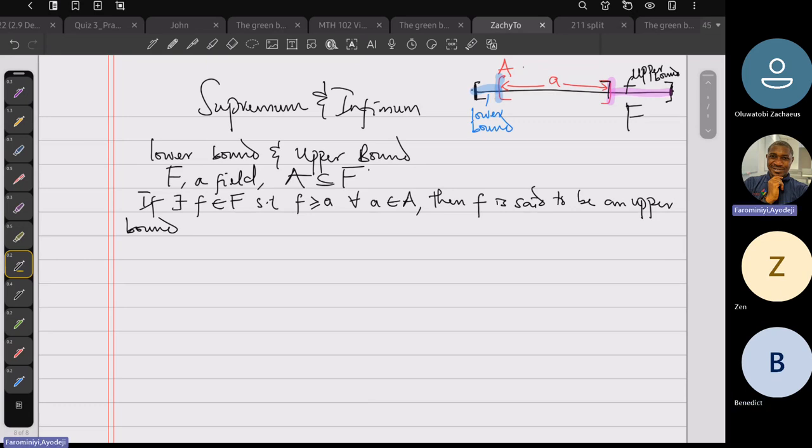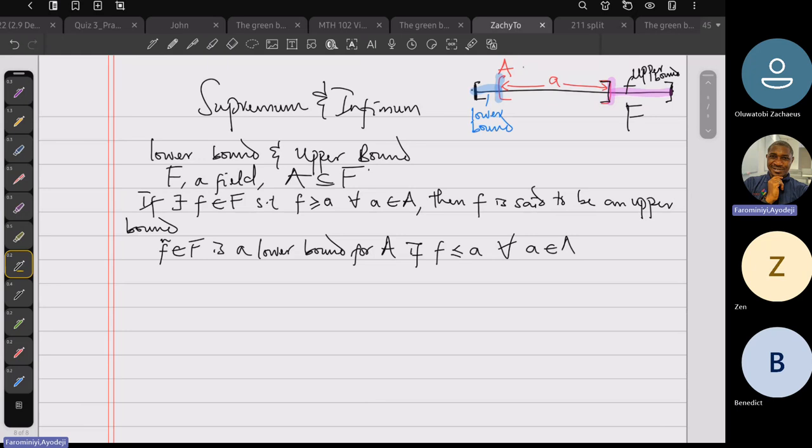Similarly, f tilde in F is a lower bound for A if f tilde is less than or equal to a for all a in A. So the connectives and qualifiers that we use in writing our statements are very, very important.